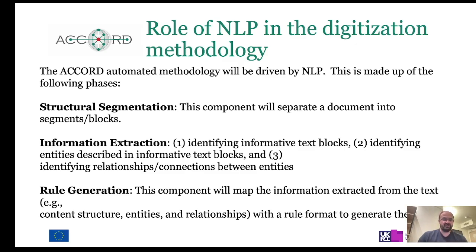The information extraction focuses on identifying informative text blocks, identifying entities described in these text blocks, and identifying relationships and connections between these entities. And rule generation, the final element here, is we'll map information extracted from the text with a rule format to generate the end rules used.